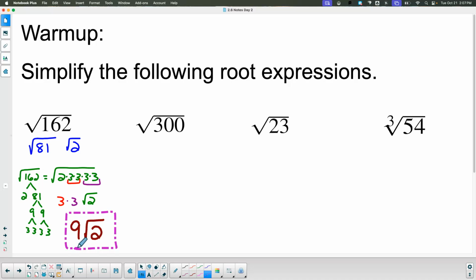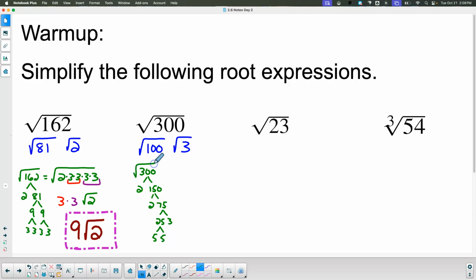If you didn't see that the square root of 300 was the square root of 100 times the square root of 3, then hopefully you saw that 300 is 2 times 150. 150 is 2 times 75. 75 is 25 times 3. And 25 is 5 times 5.